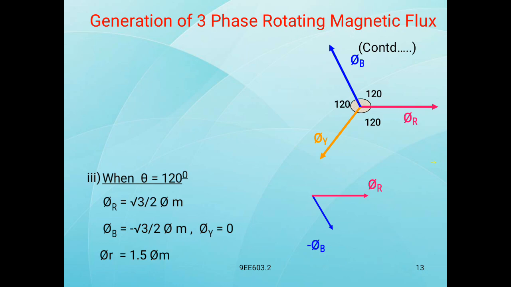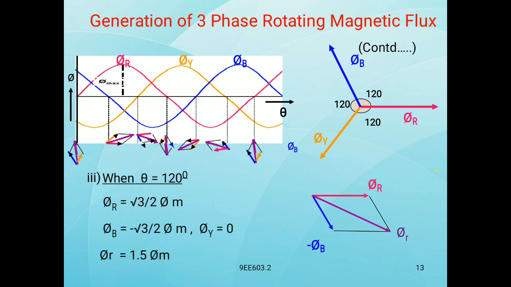So what is the combination here? φr and φb, that means minus φb, which is minus √3/2. This resultant gives the vector diagram.